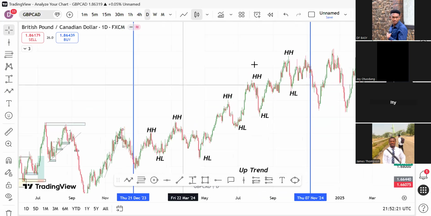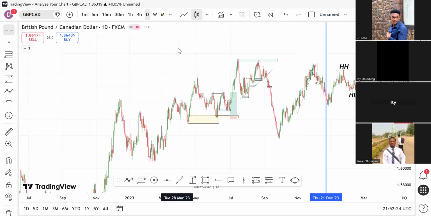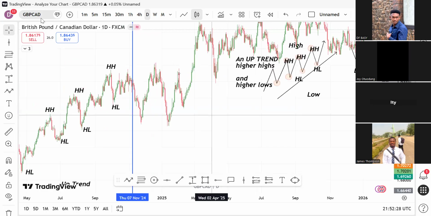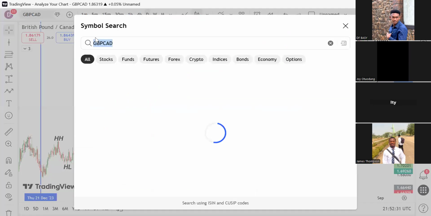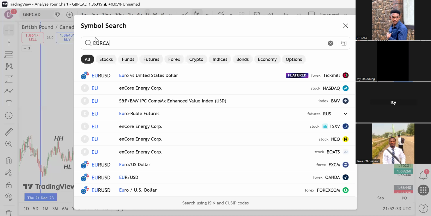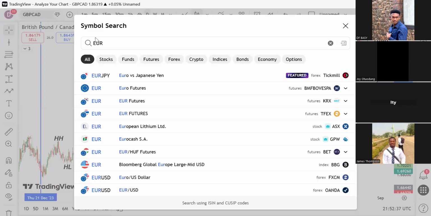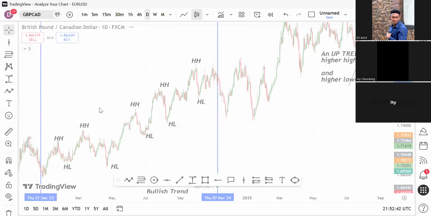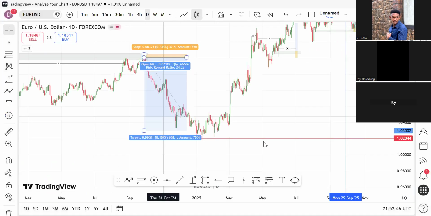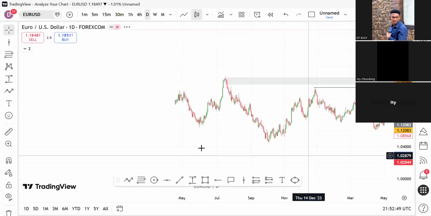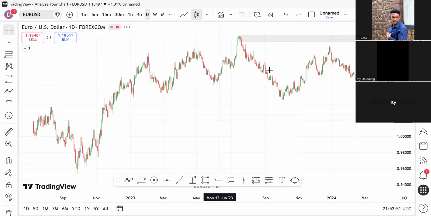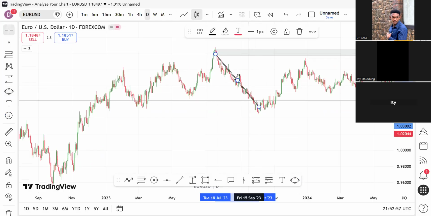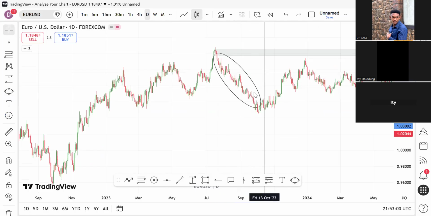Now let's look for a downtrend, a bearish trend. Which currency pair is currently in a downtrend? Let me check another currency pair. Let me mark out that zone.